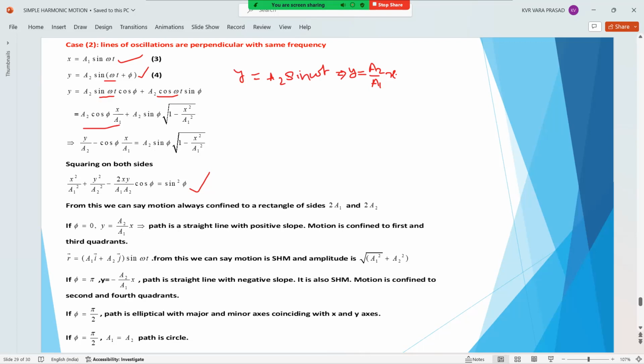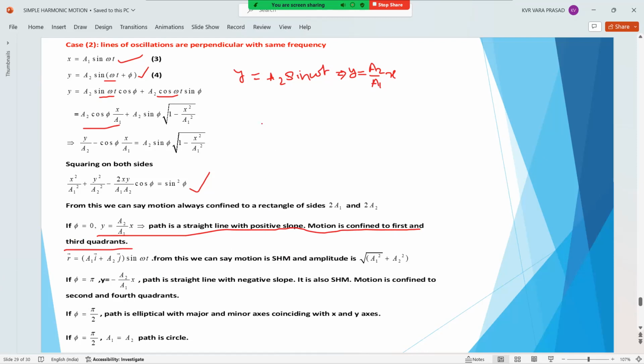So the path equation is a straight line with a positive slope. The path is a straight line with a positive slope and the motion is confined to first and third quadrants.